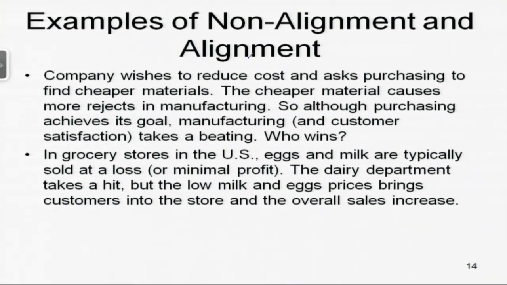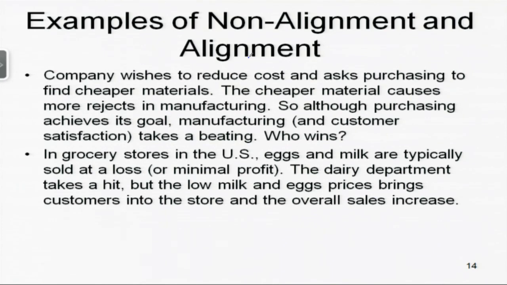But the reason why these are typically sold at a very low cost is because people look to find deals for milk and for eggs, because these are things that they need on a daily basis, and so when there is a good price on milk and eggs, they will go to that particular store.